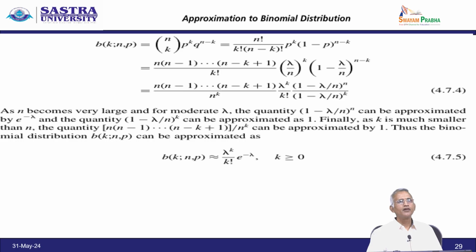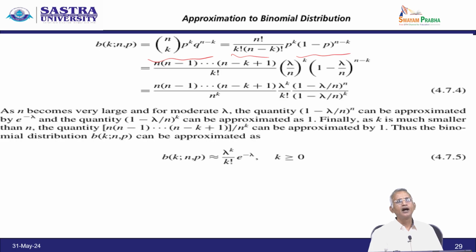So, binomial b(k; n, p) is equal to nCk p power k into q power n minus k, and the expansion is n factorial by k factorial into (n minus k) factorial into p power k into q, which is 1 minus p, whole power n minus k. N factorial is nothing but n into (n minus 1) and so on, into (n minus k) factorial.